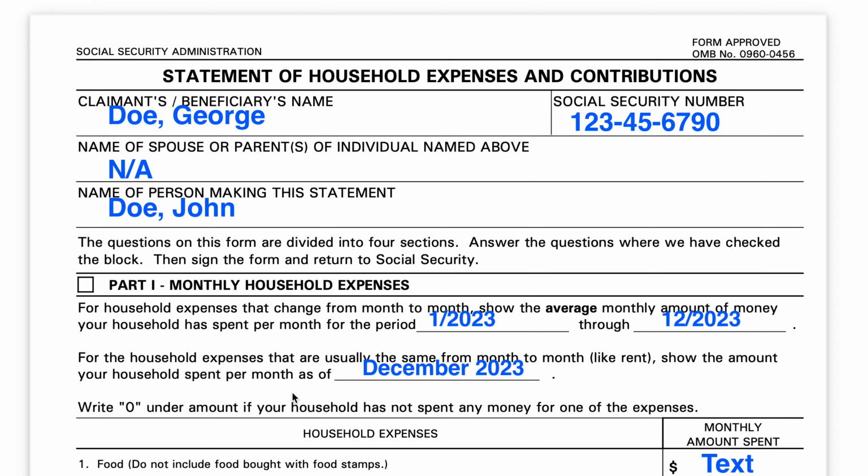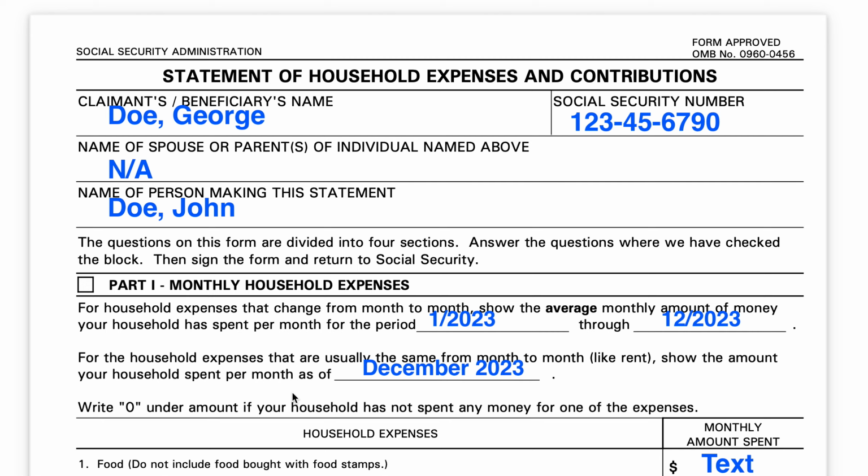If you eat at someone's house but you live on your own, then that probably won't apply to you. What the focus really would be is if you're completely dependent and living with a household and all of your expenses are in that household, but you're not paying your fair share, you're not contributing anything at all, or you're only making a token contribution every once in a while, then that really doesn't meet the intention of your benefits.